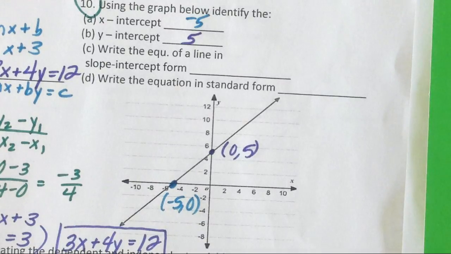I need the equation of this line in slope-intercept form. Is it -5, or y equals -5 over 5? You're kind of on the right track.